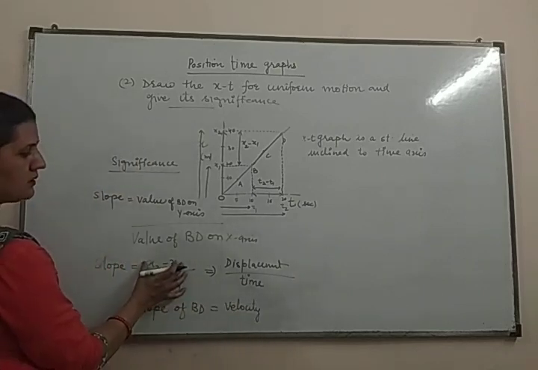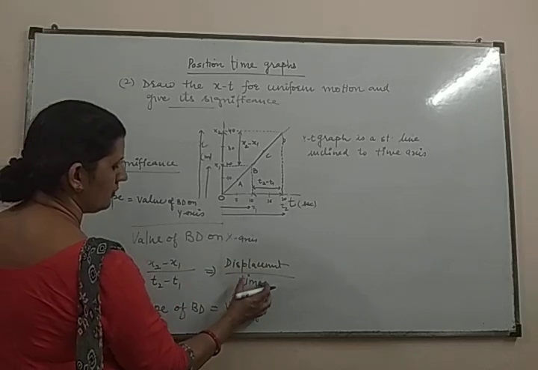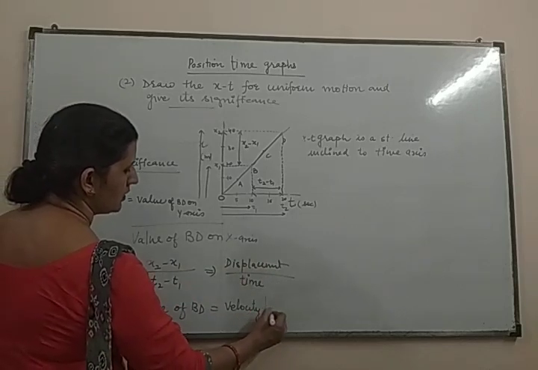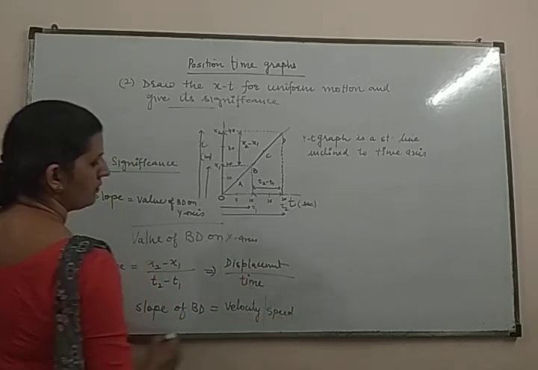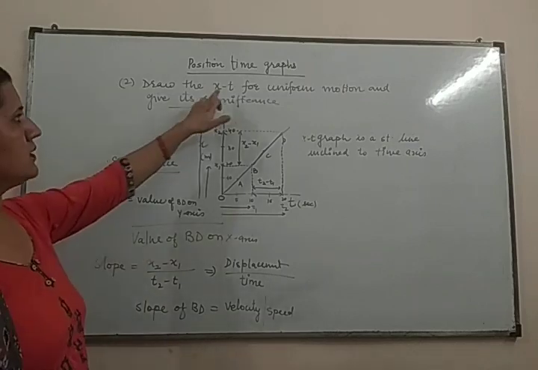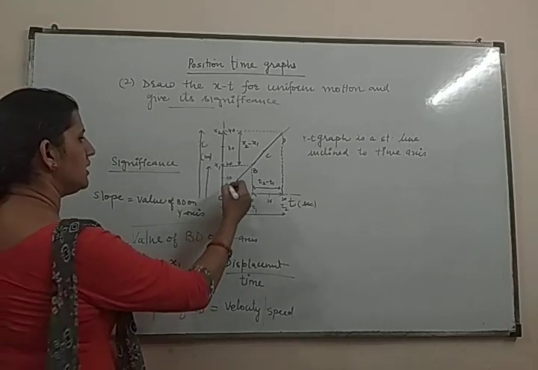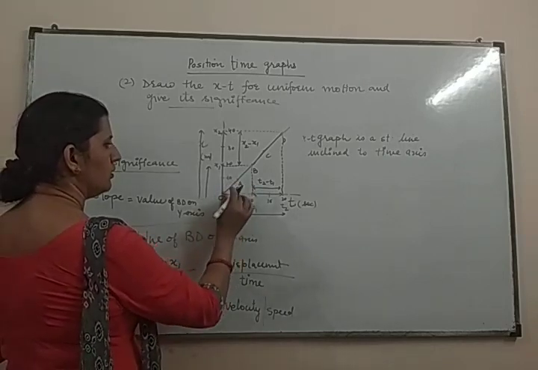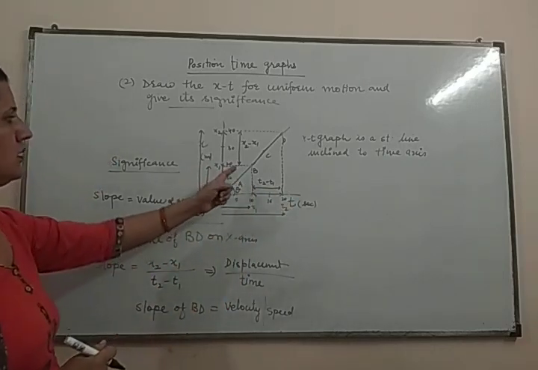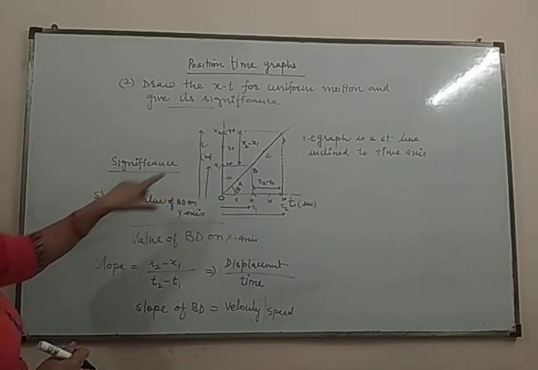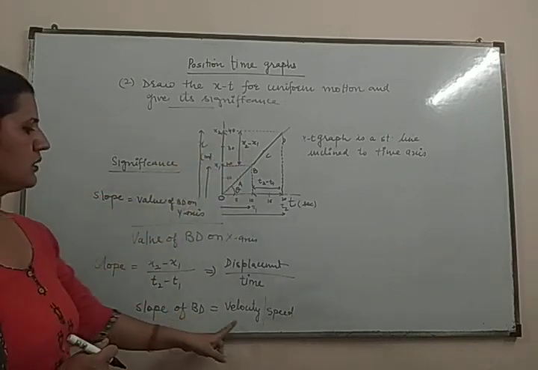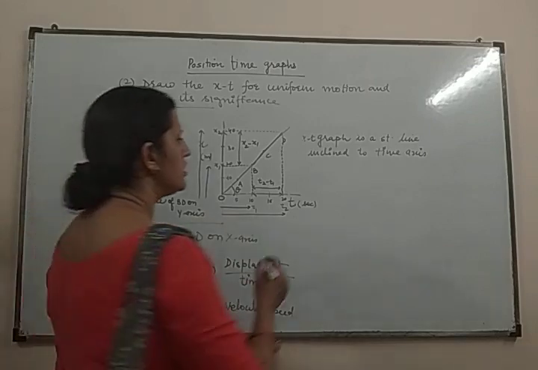If this is distance, this will be distance upon time, it will give us speed. So the xt graph for uniform motion is a straight line inclined at any angle theta on time axis, and the significance is the slope of this graph will give us the velocity or speed.